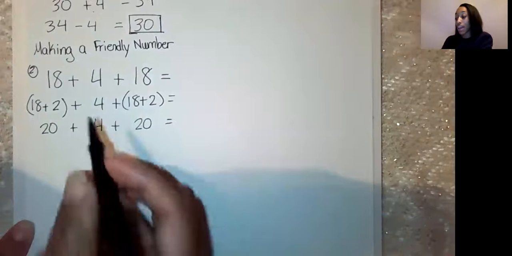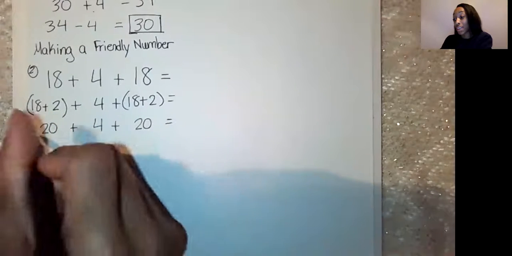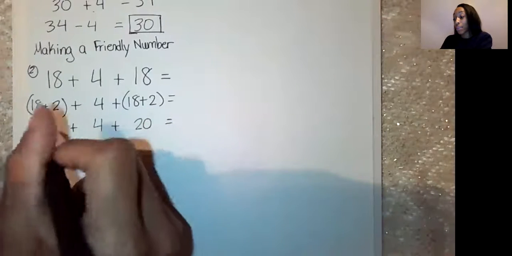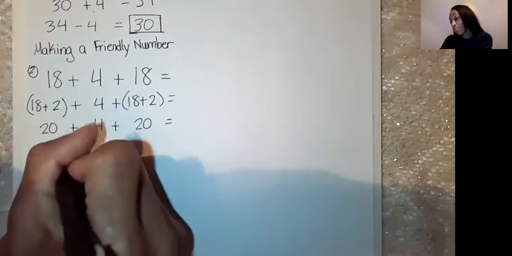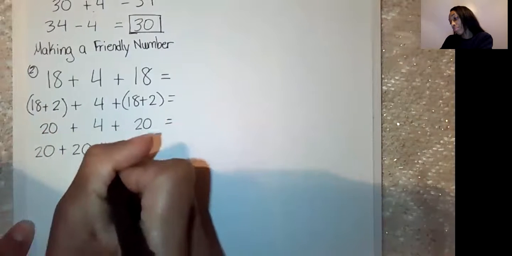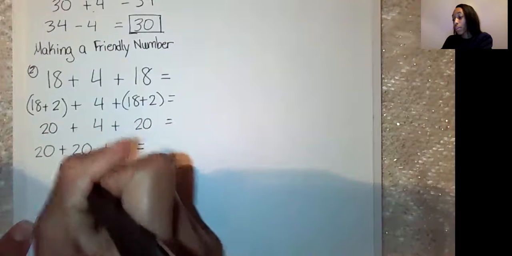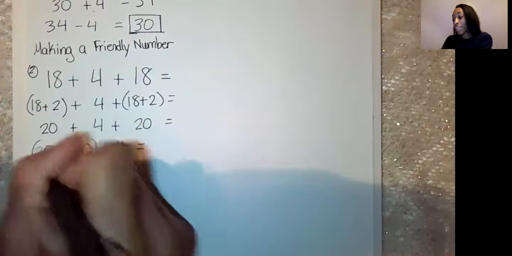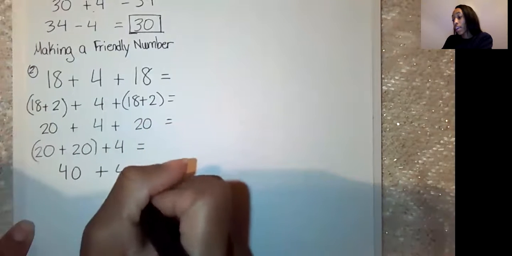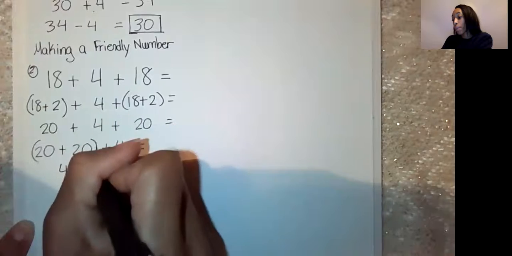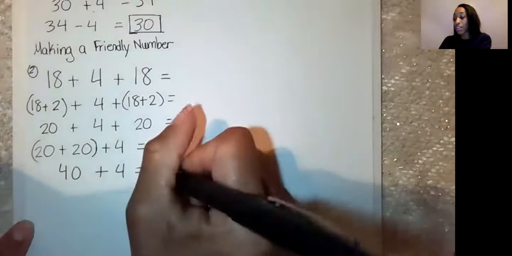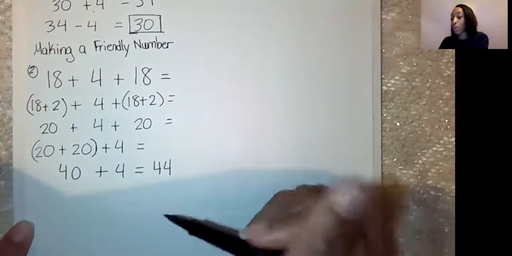All right, so now I'm going to combine my 10s, or those 20s. I'm going to add those together. Now I have 40. Once I combine these, I have 40 plus 4. That's easier. So 44 is what I come up with.